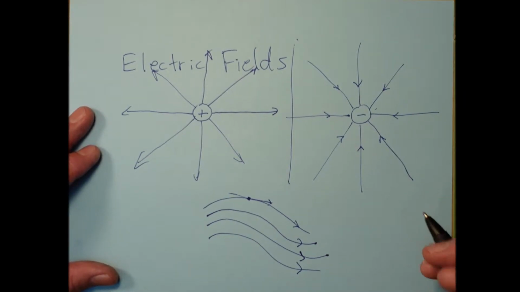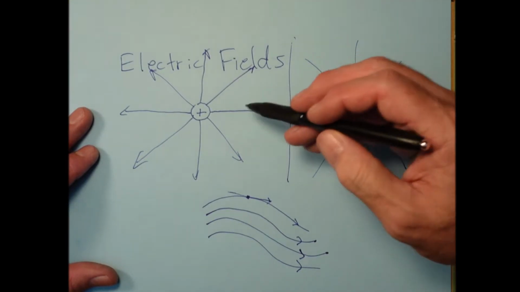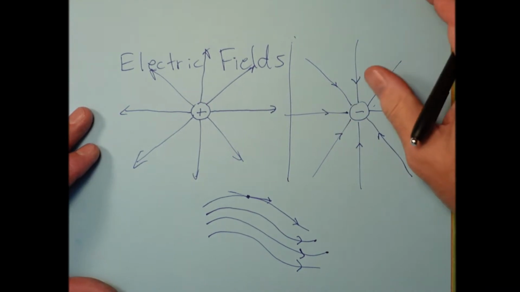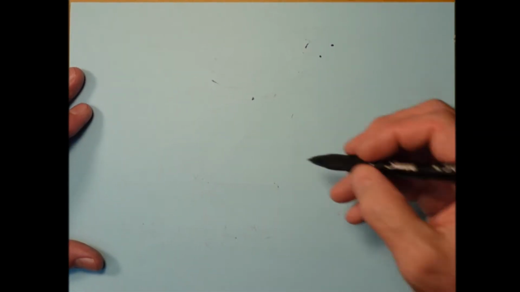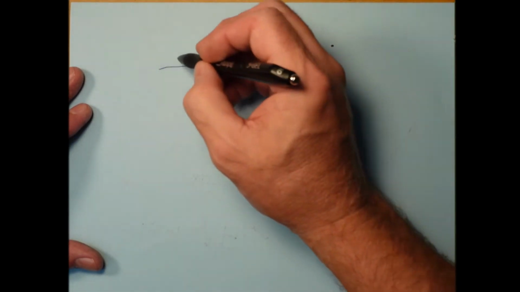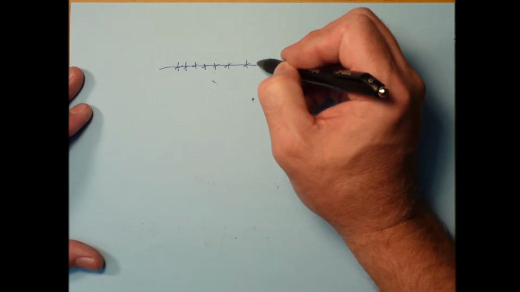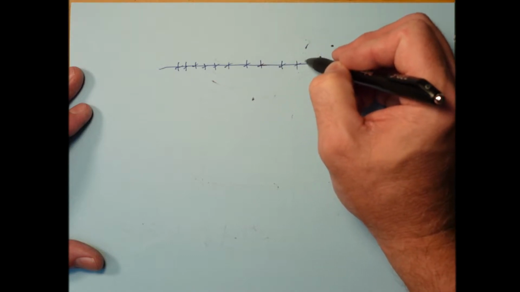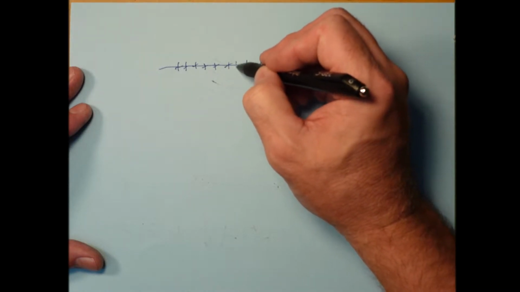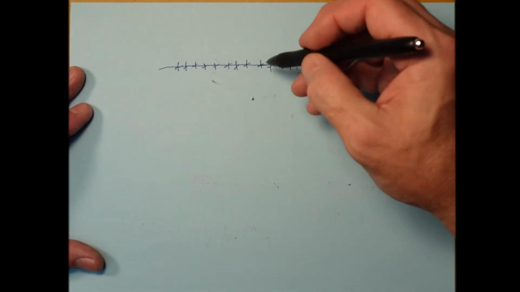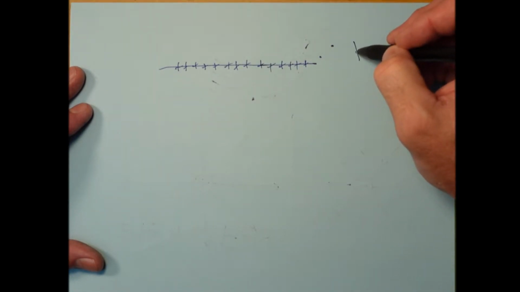Well, you could also have electric fields that are not just due to point charges, but to continuous charge distributions. Let's say, for example, we have a line, and that line has positive charge distributed all along it. So this would be a continuous charge distribution of positive charge with some linear charge density, some lambda.